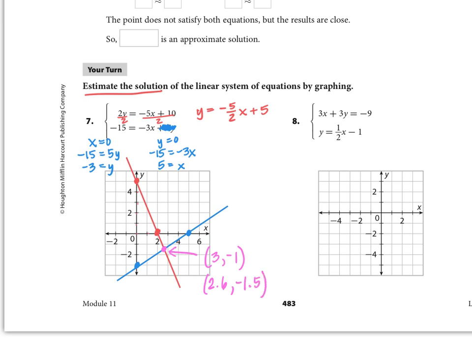So I would accept either one. This one's, of course, the more accurate one. But again, we're just estimating it. This is one of the disadvantages to graphing, is that we don't know the exact point unless it's a nice point. Okay. So again, the solution for number 8 is going to appear in a few seconds.